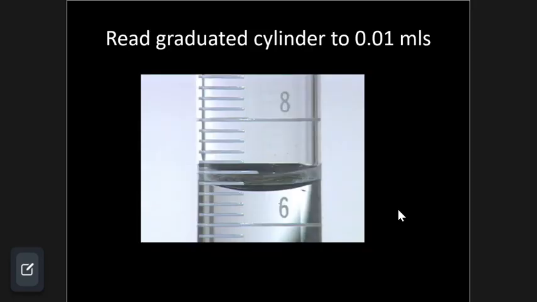All right, let's get some practice here. Here we have a graduated cylinder. We're going to try to measure it to 0.01 mL, a hundredth of a mL. Let me introduce you to the gradations. This line right here is 6 milliliters.